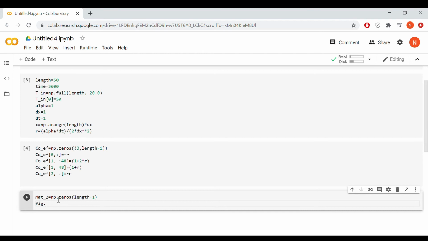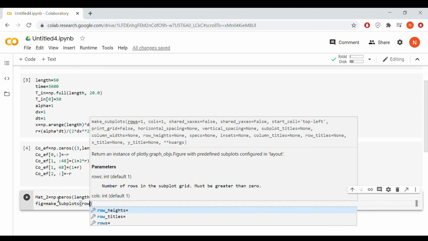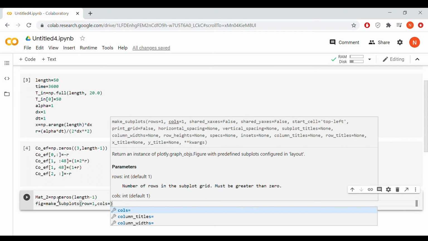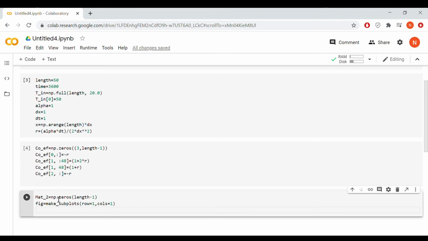So figure equals make_subplots, and then we'll have the row equal to 1, and then columns also equal to 1. And then figure.add_scatter. We'll set x equal to x.